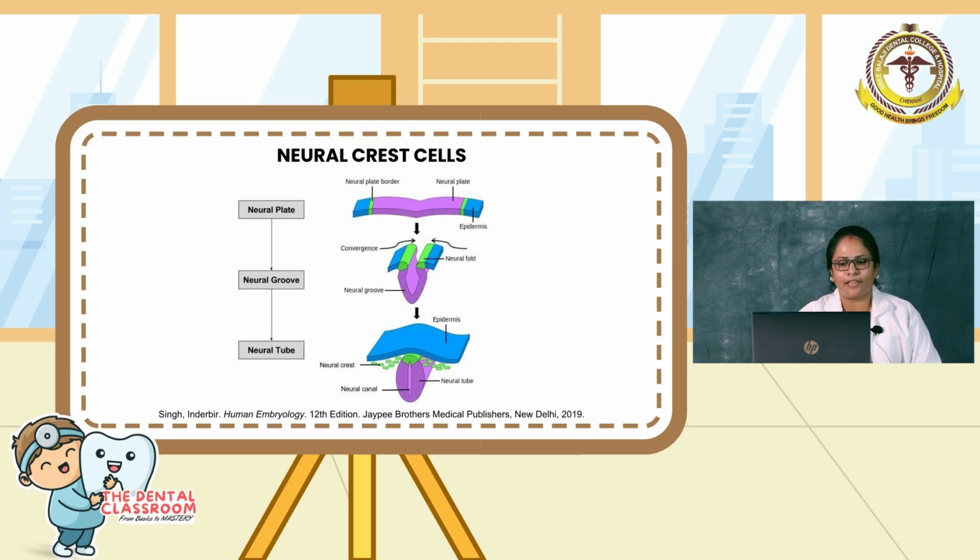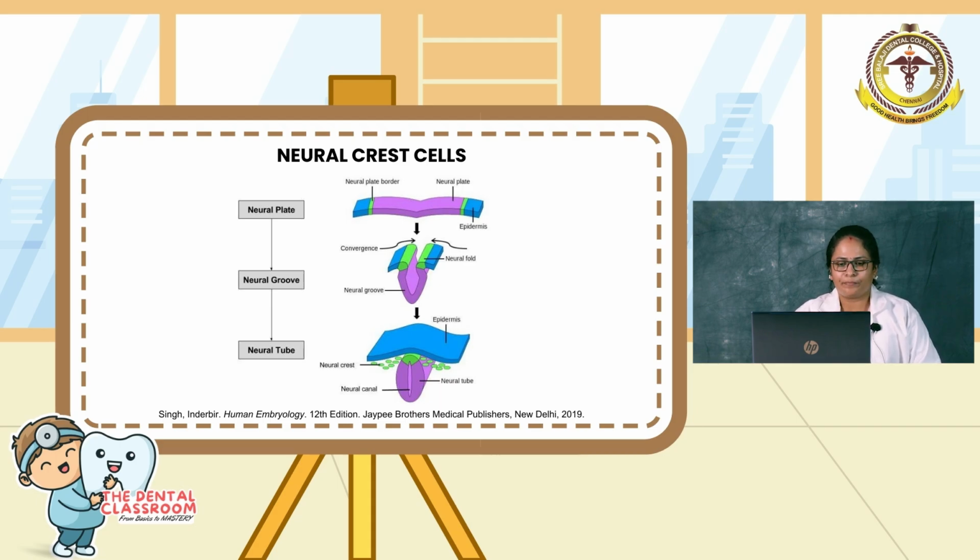Sometimes they are called the fourth germ layer because they contribute to so many structures, especially in the head and neck region. They basically originate from the neural tube and they migrate throughout the embryo, giving rise to cartilage and bones of the face, connective tissue and even some nerve components. So these neural crest cells play a central role in facial development.